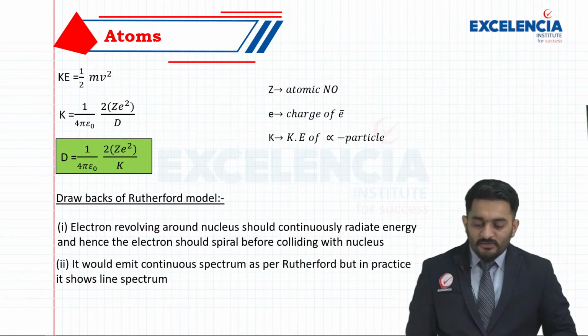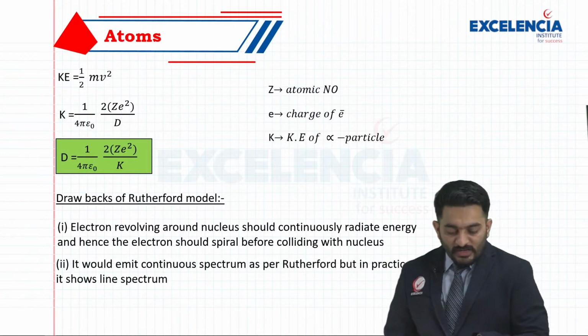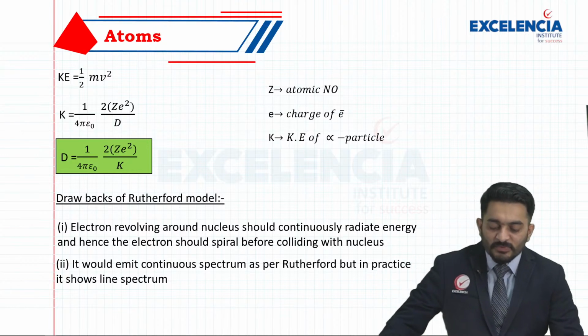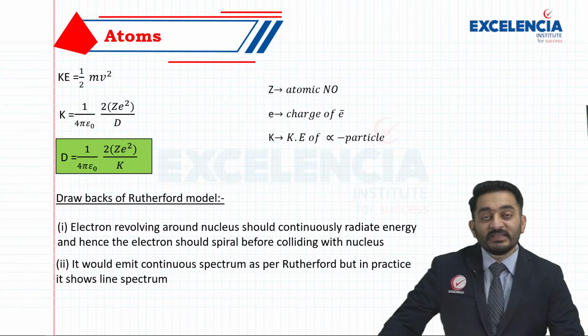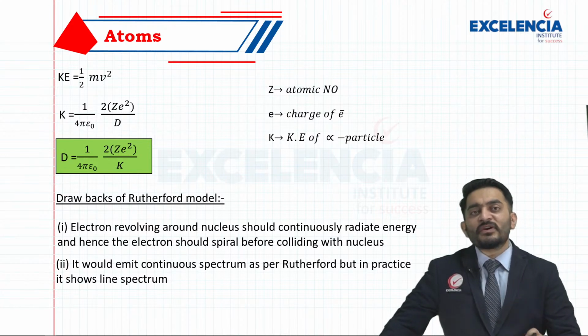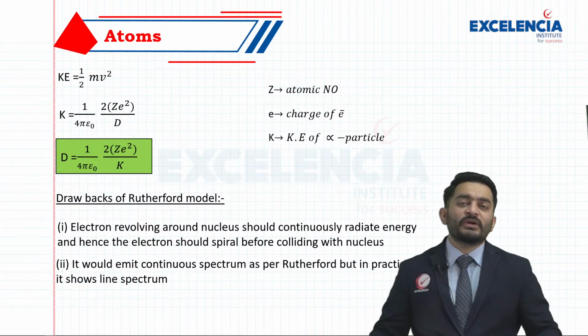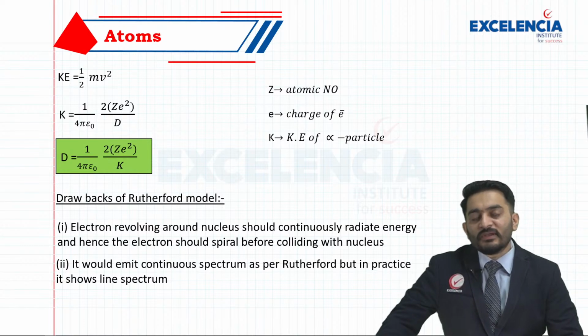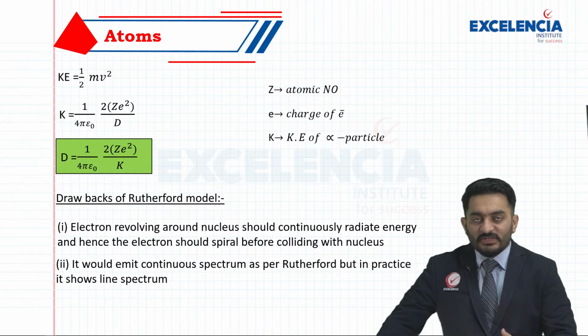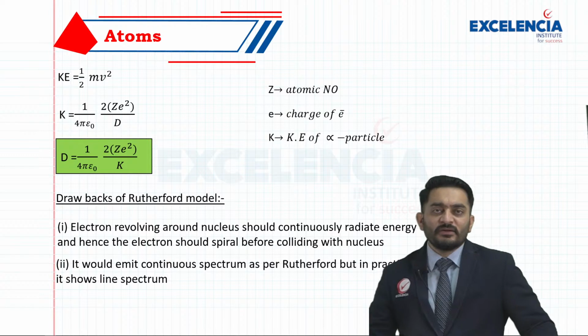The second drawback is that it would emit a continuous spectrum as per Rutherford, but in practice it shows a line spectrum. This is also something we are going to discuss in detail, what exactly the spectrum diagram looks like for hydrogen. This was also not explained by the Rutherford model.